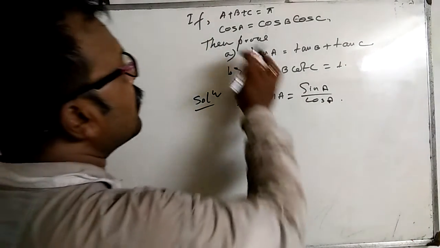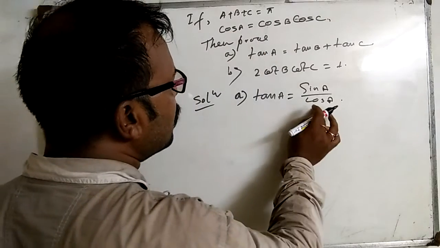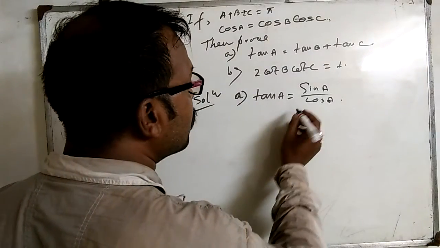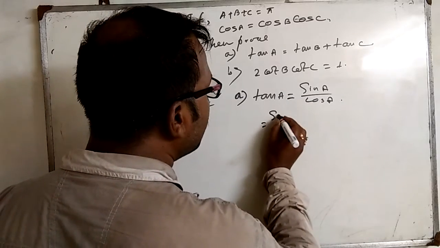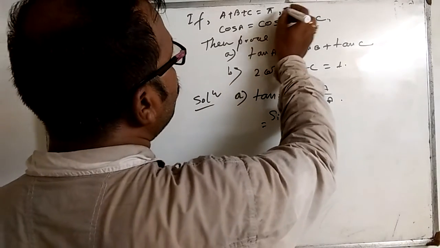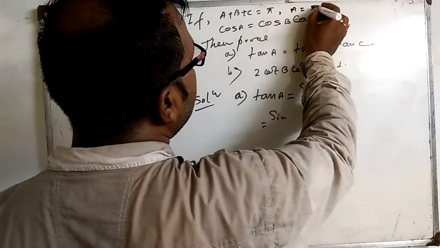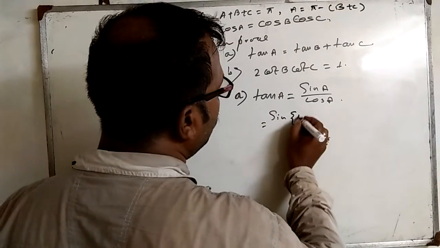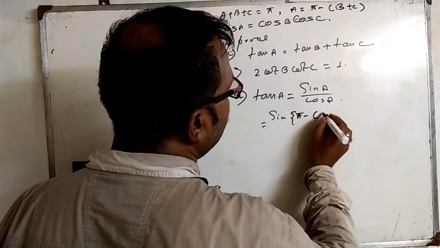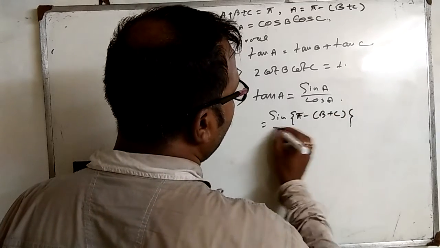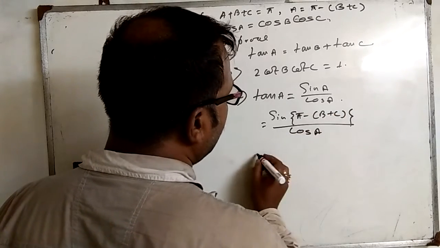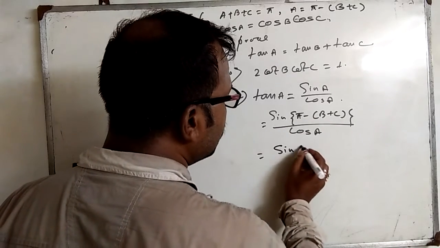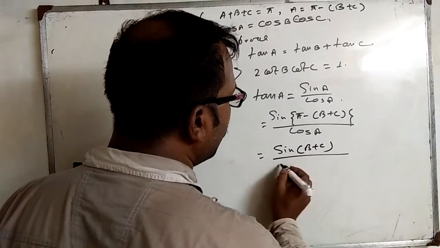Why do we write that? That cos a's value is given, so we have to simplify in this way. So sin a equals sin of pi minus b plus c, by cos a. So sin pi minus theta, we know is sin theta, by cos a.